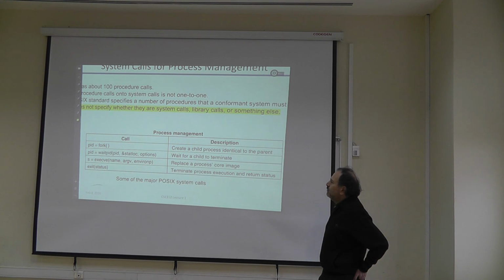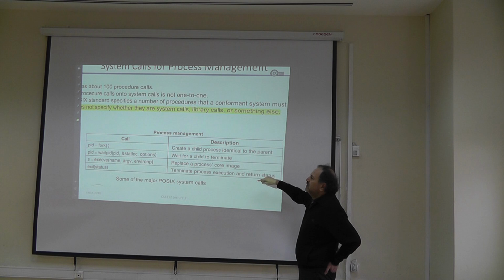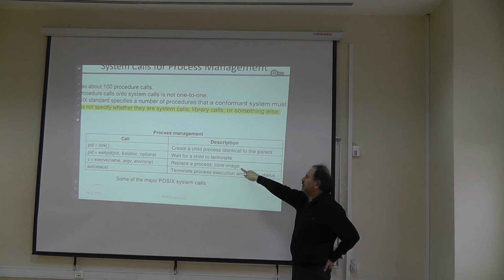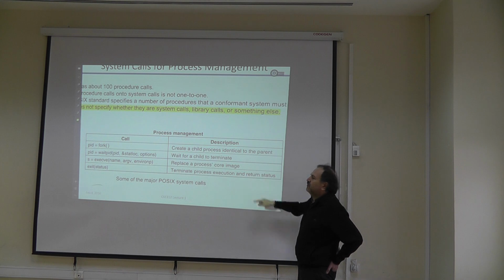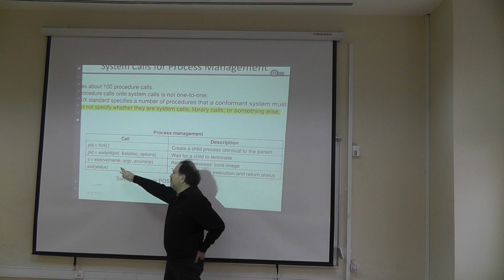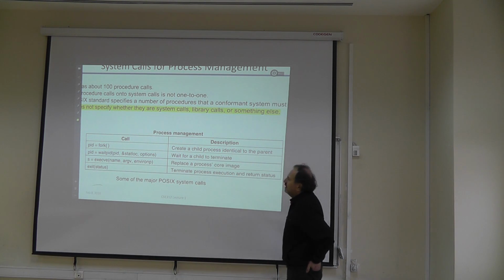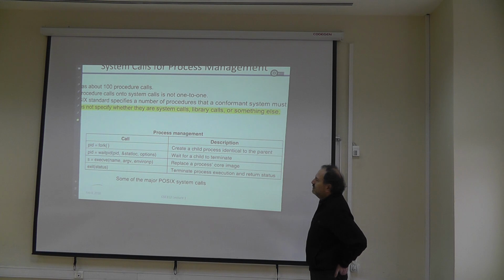If you don't want to be the same as your parent, remember fork creates a new process, but it is exactly the same as the parent. If you wanted to change your core image, you want to be another process different from your parent, then you call this system routine, execve, with your environment variables and everything.